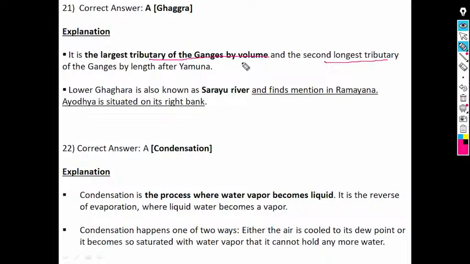So we can say this one. By volume it is the largest tributary of the Ganges, and by length it is the second largest after Yamuna. So Ghagra is second by length and largest by volume.